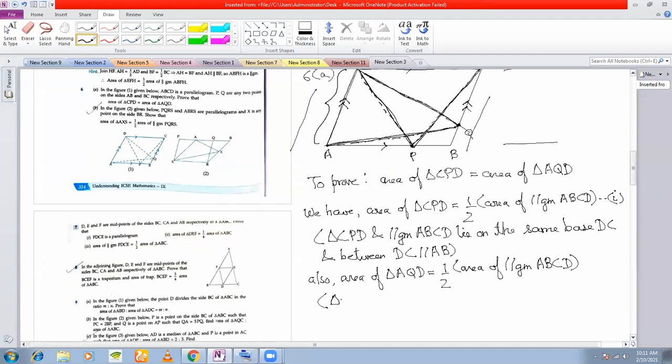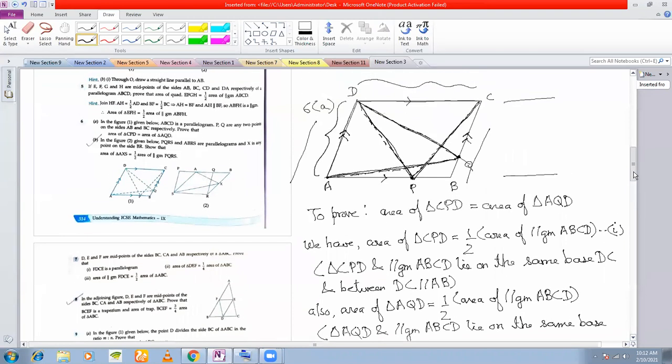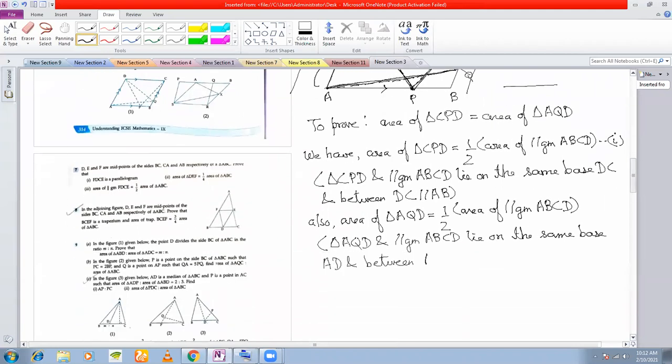So we say triangle AQD and parallelogram ABCD lie on the same base. What is the base this time? Base is AD. And between what parallel lines? AD and BC. So AD parallel to BC. Okay, call this number 2.